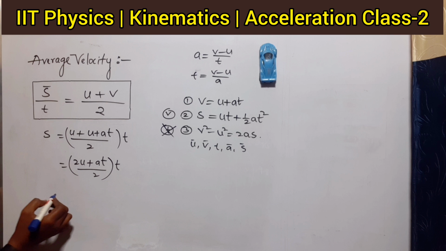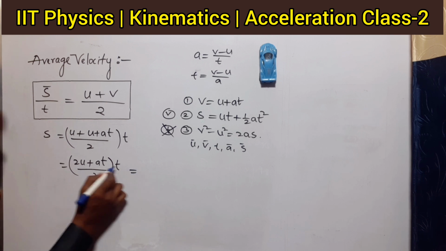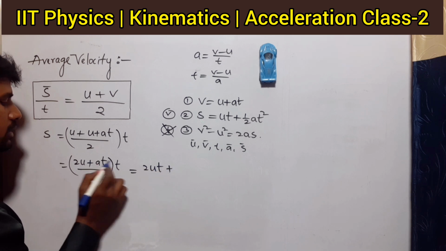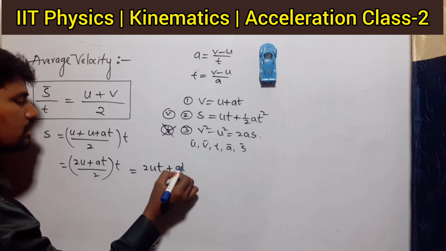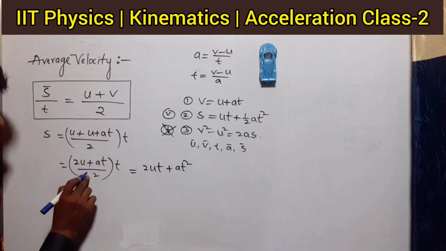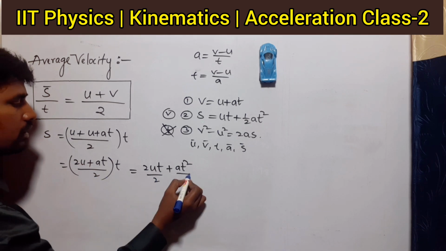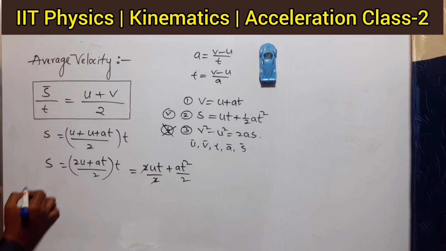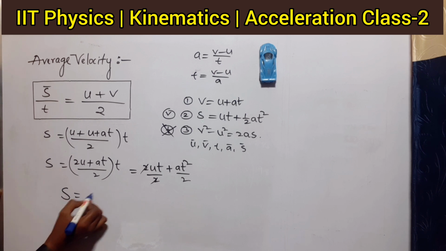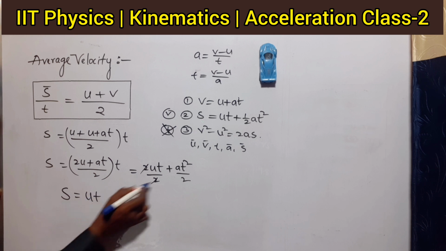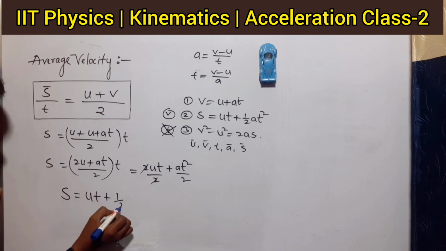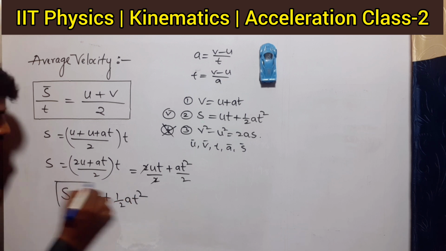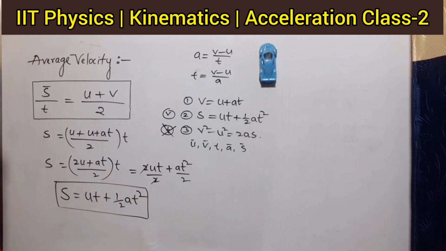In the next step, multiply t inside: 2ut plus at into t, at square, by the distributive property, with denominator 2 for each term. The 2 will be cancelled. Finally we get s is equal to ut plus 1 by 2, that is half, at square. This is the second equation.